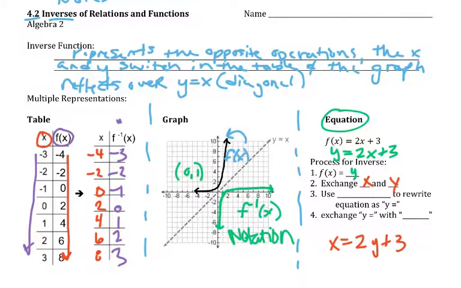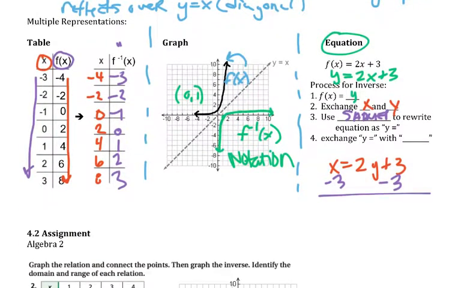Then we're going to use SADMEP, which is the order of operations backwards. So subtraction and addition would be first, then division and multiplication, then exponents, and then parentheses. And so I'm going to do the opposite of adding, which is subtracting first, giving me x minus 3 equals 2y.